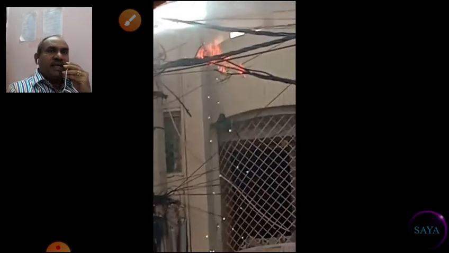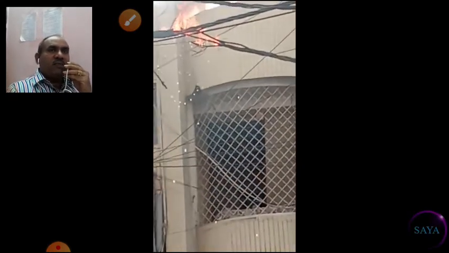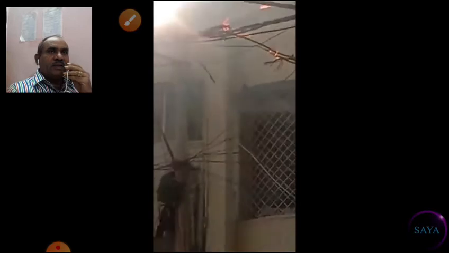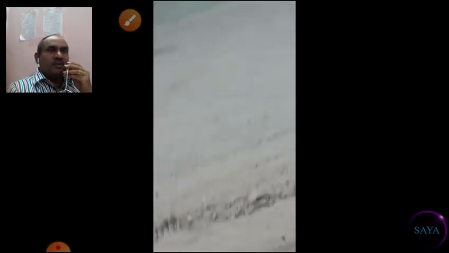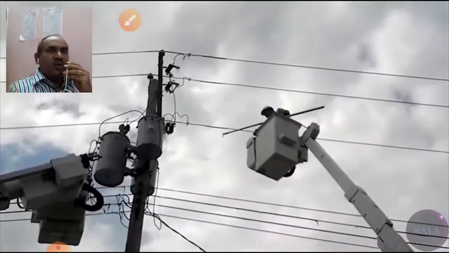If the fault is sustained, it will go on increasing the fault severity. You can see it. Cables are burned out. Total collapse.